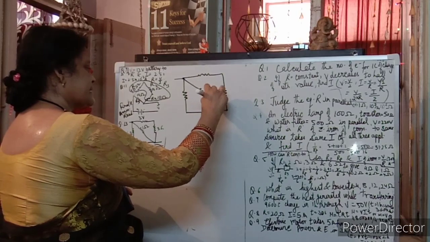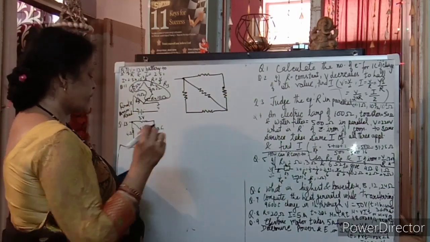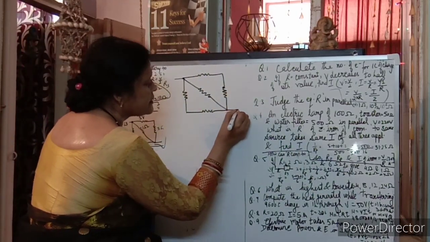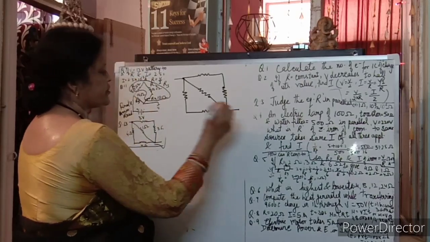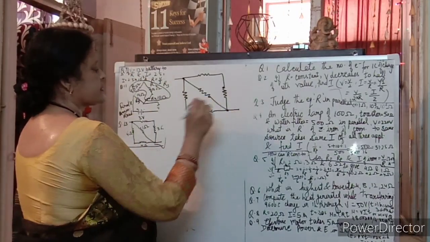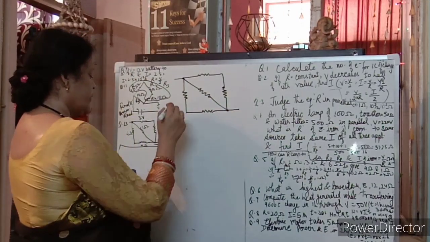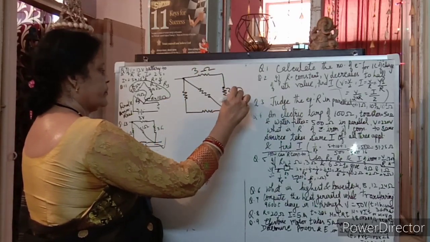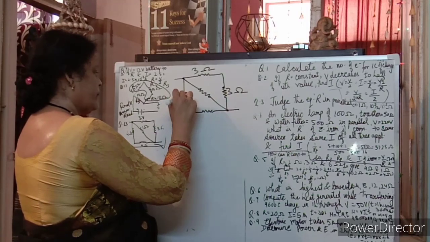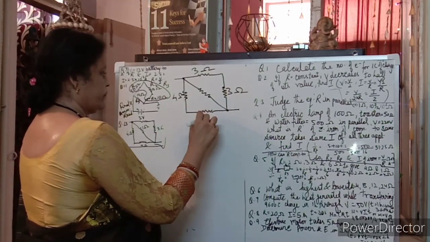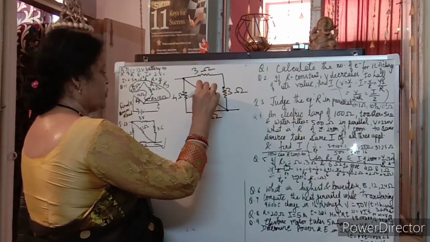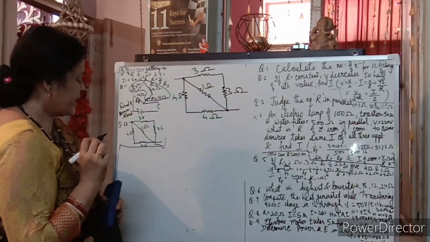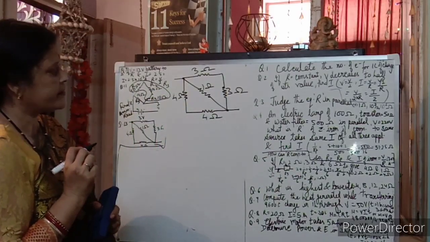And this is the circuit diagram. This is how the circuit is connected. Now this is 3 ohm, 3 ohm, 4 ohm, 4 ohm and 1 ohm. Now again find the resistance and current.